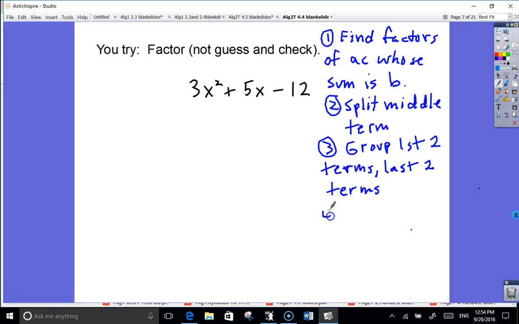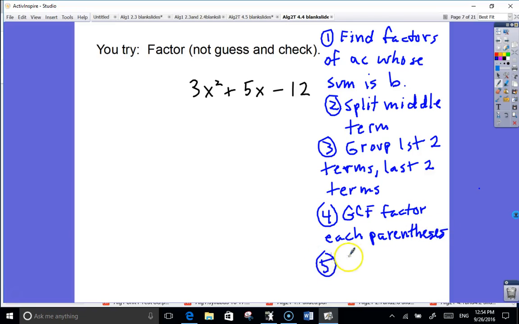And then 4, GCF factor each parentheses, and then one final factor.